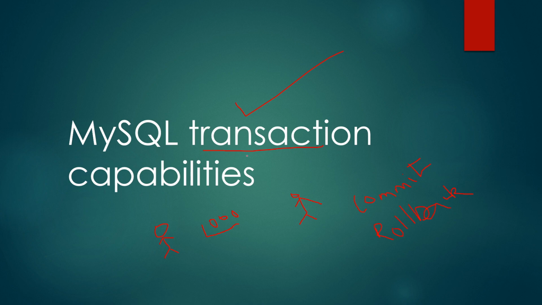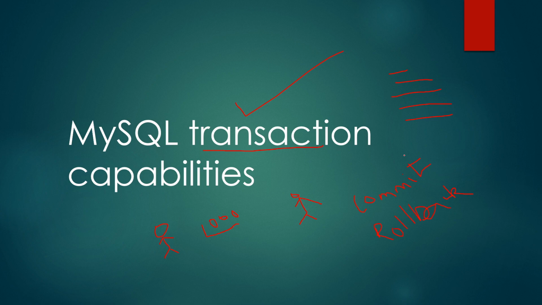But one more thing, this concept of transaction is not limited to the banking sector. Don't think that it is used only when we are dealing with money, when we want to credit or debit. No, even in normal situations we can use it. Let's say I have a table consisting of several rows of data, and now I have updated some rows, but I want to undo that.